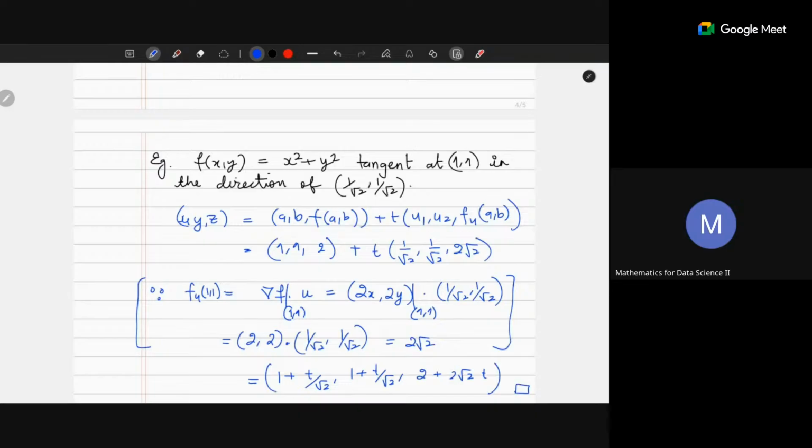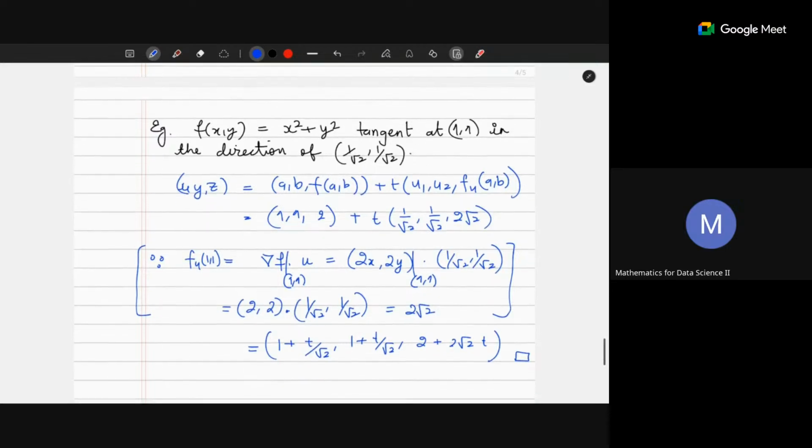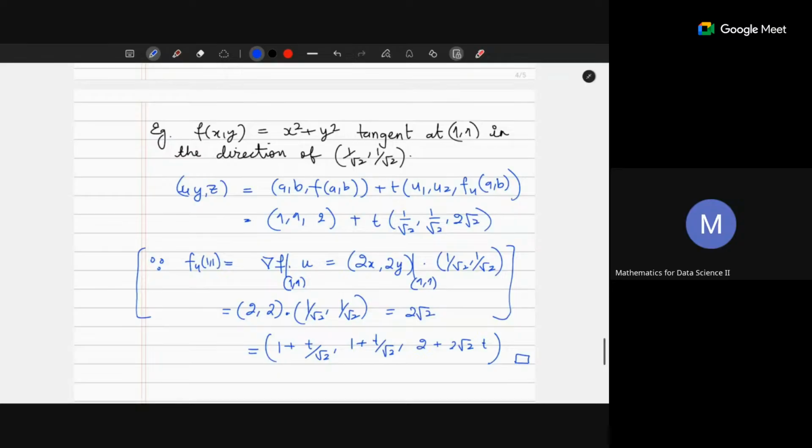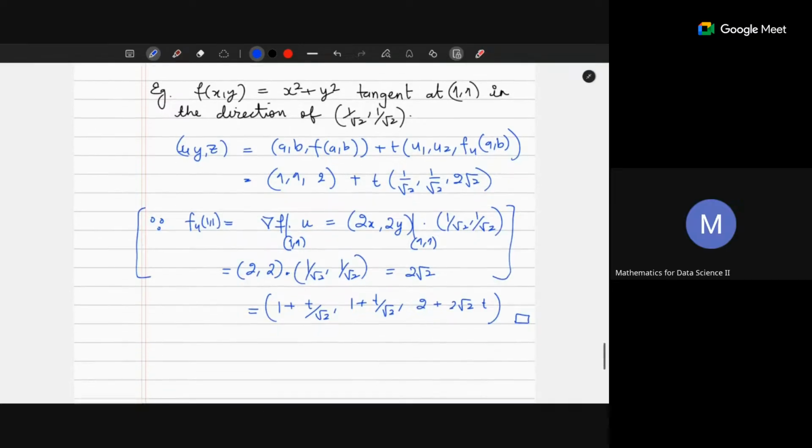Okay, so this will be the parametric equation of the tangent at this point in the direction of this vector of this function. Okay. Make sense to everyone? Good.